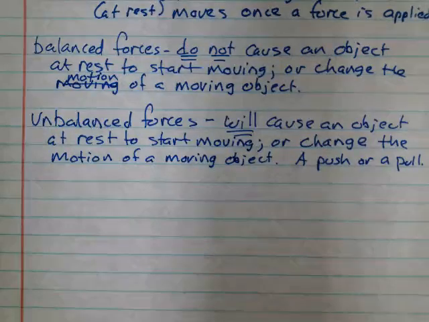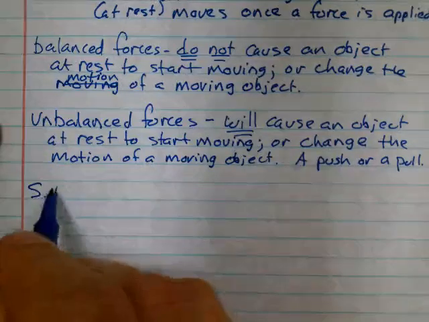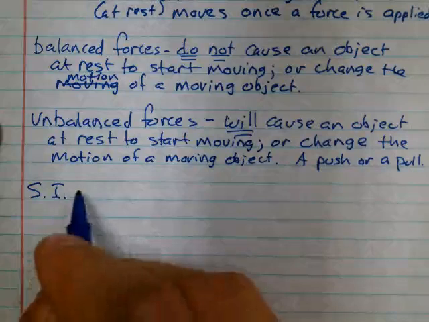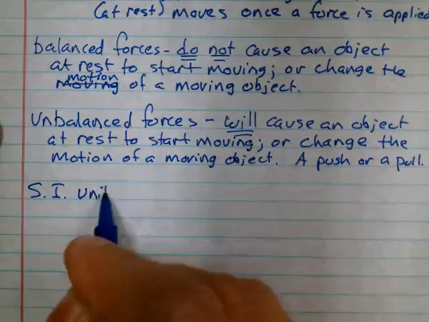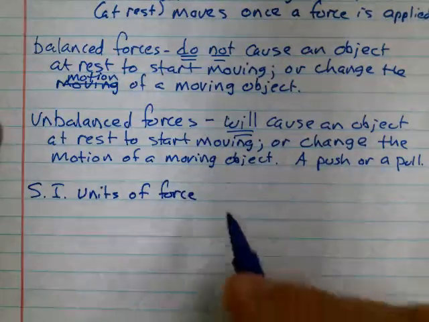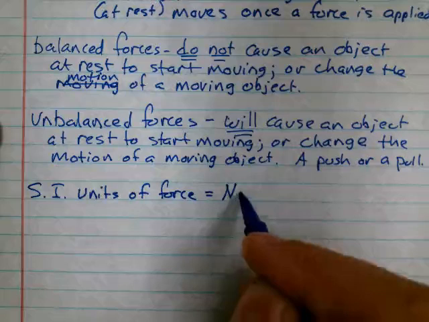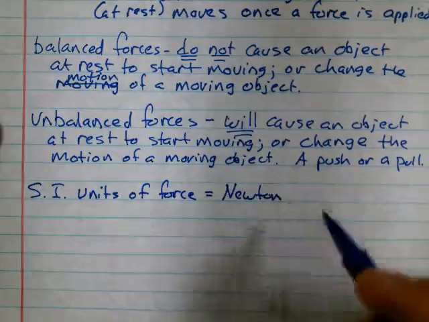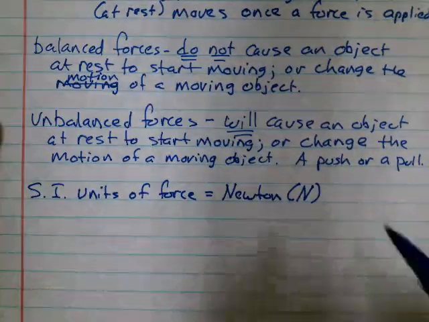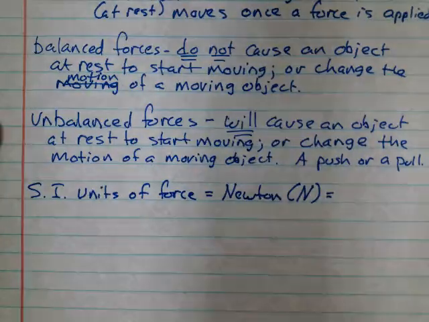Now, we have to move on to a little bit different subject, and this is there are special units within the metric system that we use for forces. So let's write down the SI units, which again is French, I believe, for System International. So the System International units, or metric units, of force is the Newton, N-E-W-T-O-N, and we abbreviate that with a capital N. And of course named after Isaac Newton, not the fig Newton.